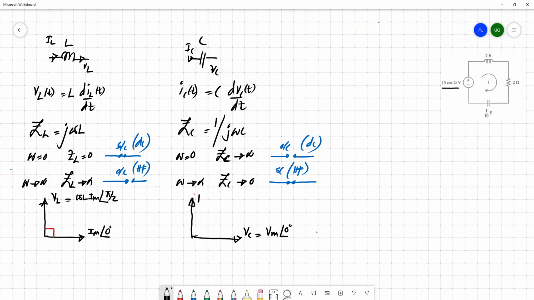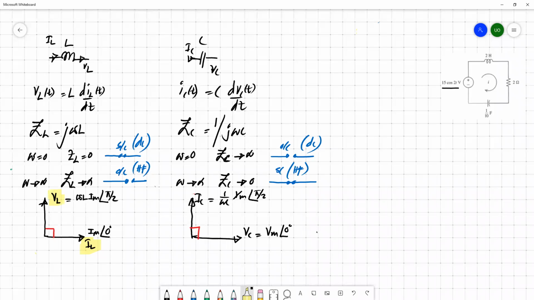So here, this is your current, IL, and this is your voltage.